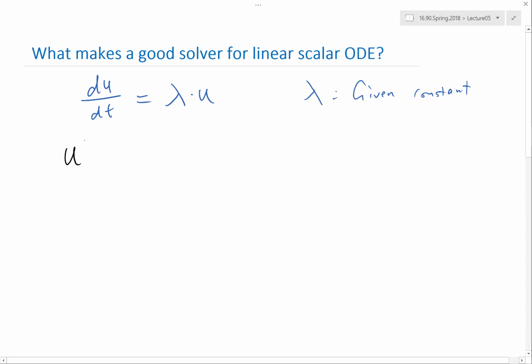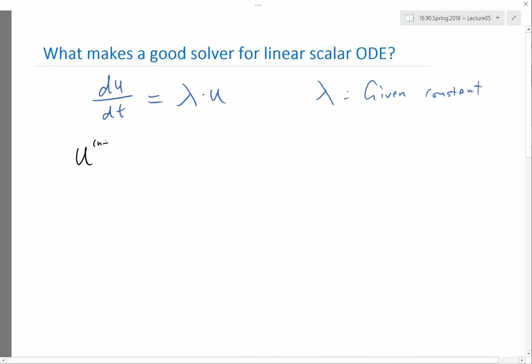So you have u at time step n. Here, because we are doing error analysis, let's be careful with our notation. Let's denote u hat of n as our numerical solution. So u hat of n+1 minus u hat of n divided by delta t would be equal to lambda times u hat of n, right?